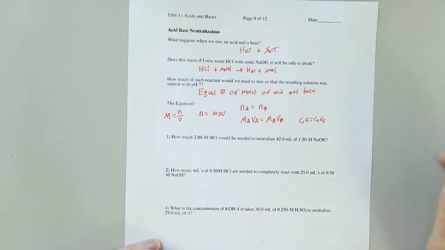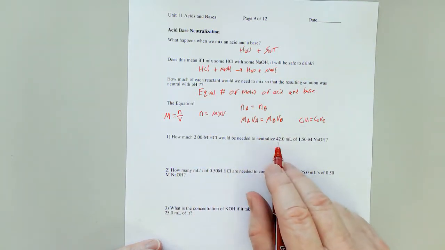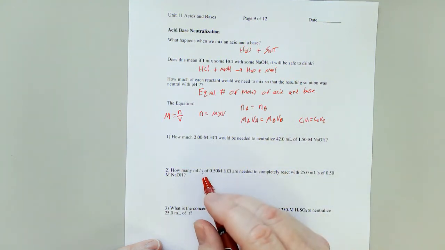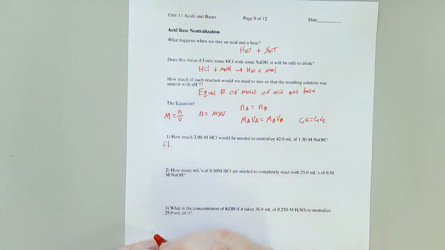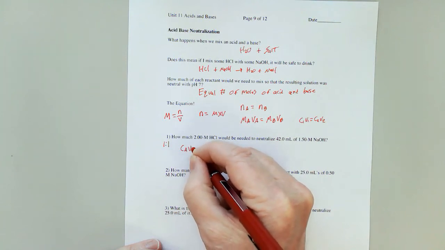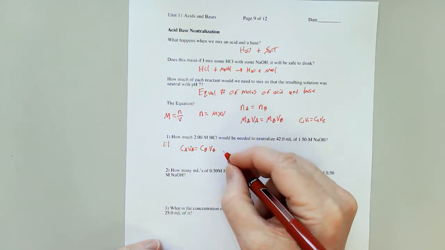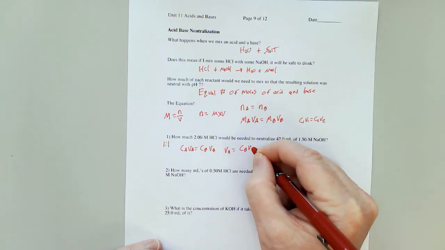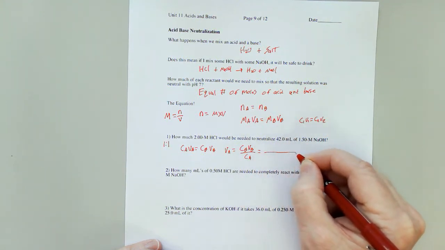Okay, so how much 2.00 molar HCl would be needed to neutralize 42 milliliters of 1.50 molar NaOH? This is a 1-to-1 ratio, and that's important to know. Okay, so concentration acid times volume acid equals concentration base times volume base. Volume of the acid is going to equal the concentration of the base times the volume of the base over the concentration of the acid.